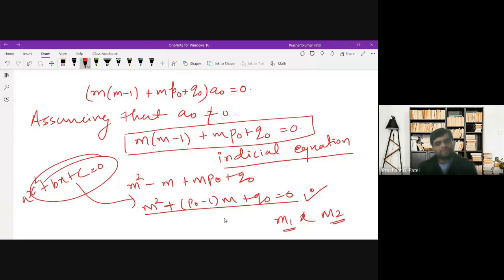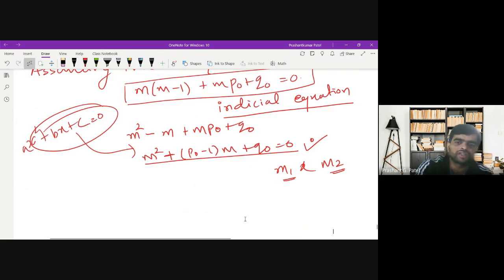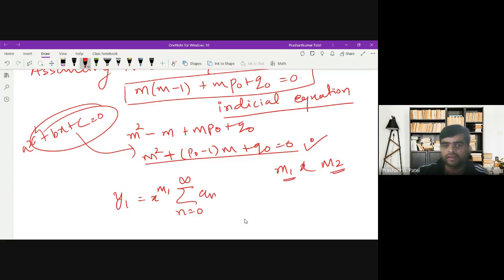And if this m1 is the root, then the solution of the differential equation is this: y1 equal to x raised to m1, by putting the value of m into the original solution, that is x power m summation n running from 0 to infinity a n x raised to n. So this will be the solution of the given differential equation.